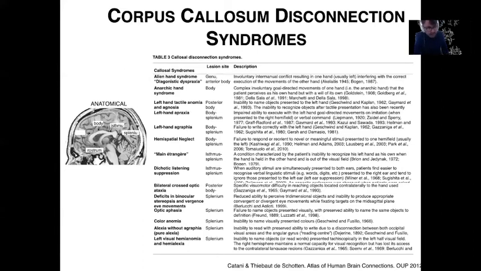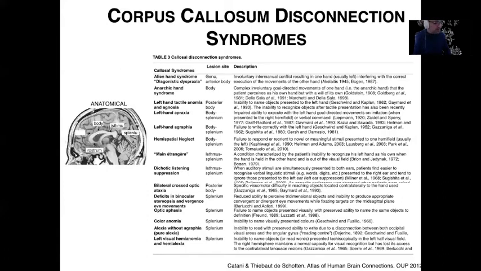And the same for reading. So if this is presented in the left hemifield, the patient is not able to read anymore, but in the right hemifield, he will be able, because it will project on the hemisphere that is able to speak.